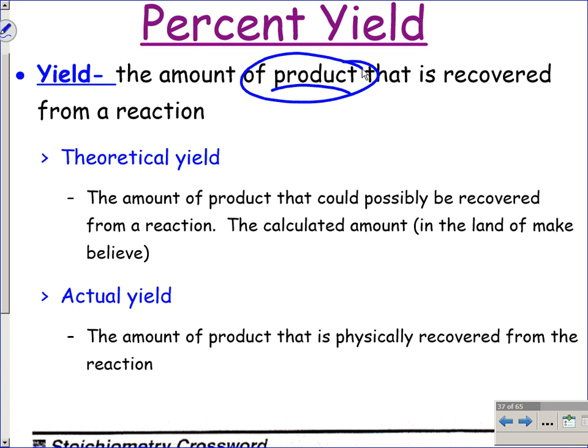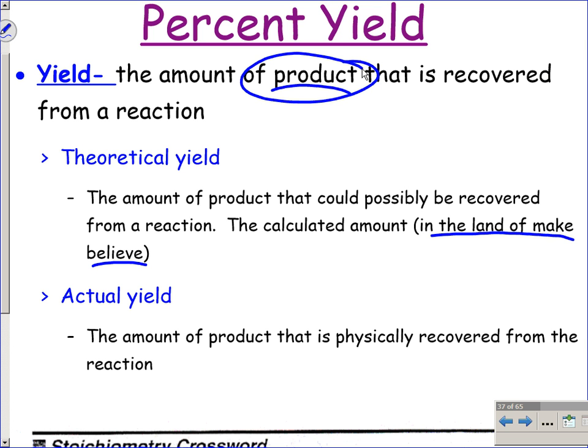In a reaction, if we were perfect chemists and perfect students and did our reactions under vacuums and no airflow and deionized water, with perfect conditions, which I'm going to call the land of make-believe, because we're human. We don't always have those perfect conditions.